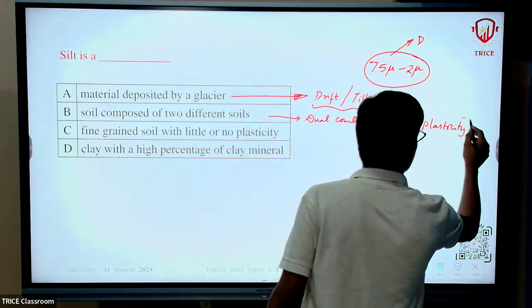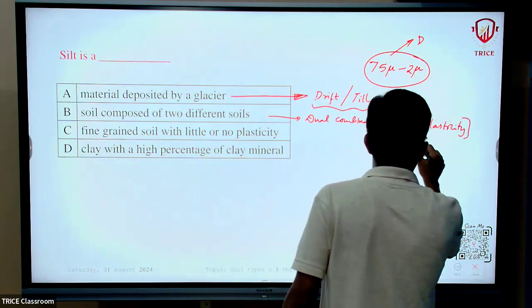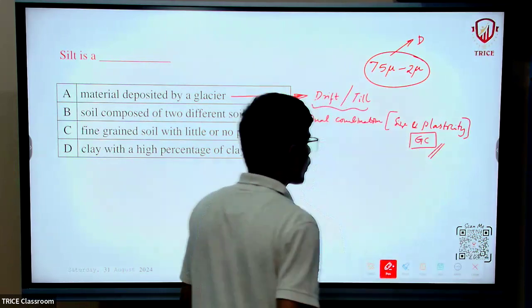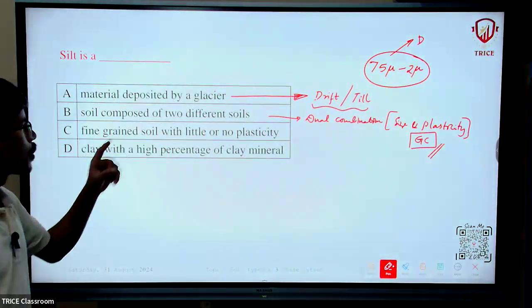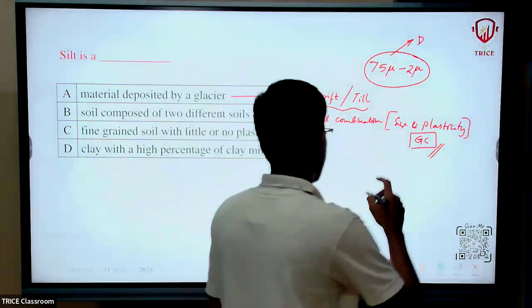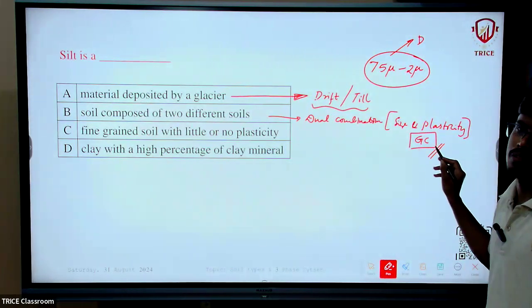For example, clayey gravelly soils are composites of two different materials, containing the characteristics of both gravelly soil and clay soil.